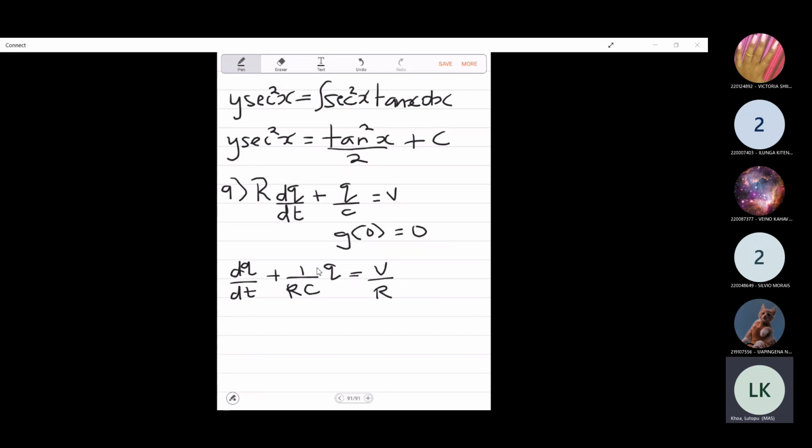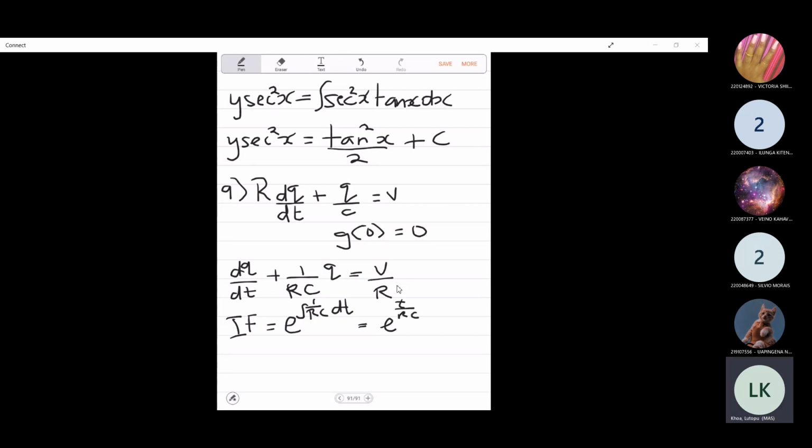Our P is this, so our integrating factor, and here I don't want to say R because of this R here. The integrating factor is e to the power of the integral of 1 over RC dt. And this is e to the power of t over RC.